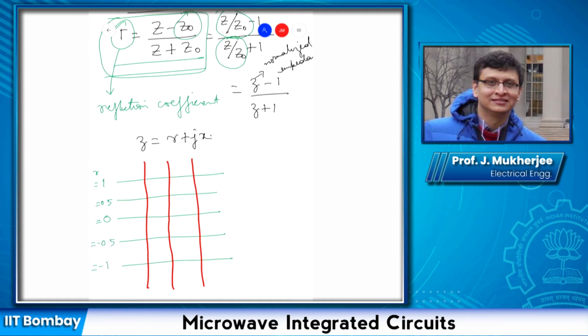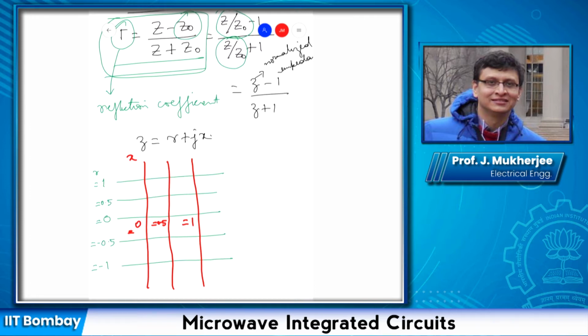And this represents minus 1. Similarly, say this line represents x, so this is x equal to 0. This is x equal to 0.5, and this is equal to 1.